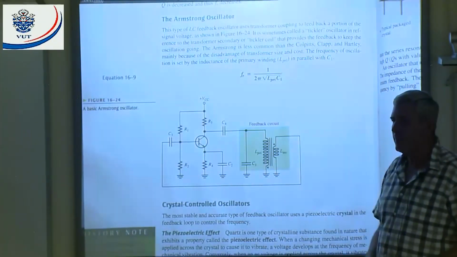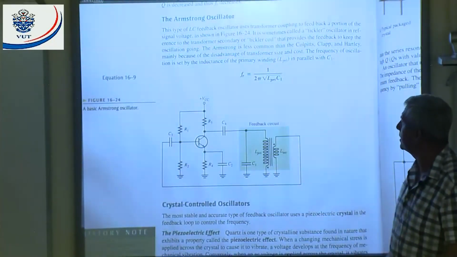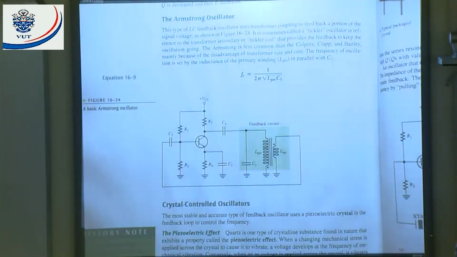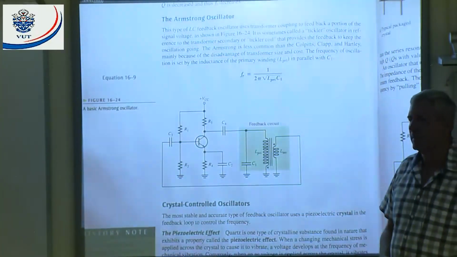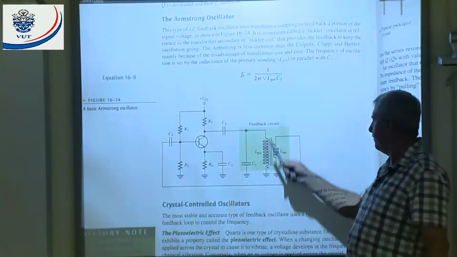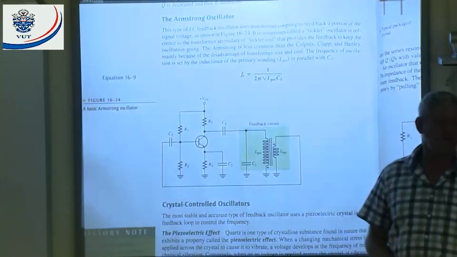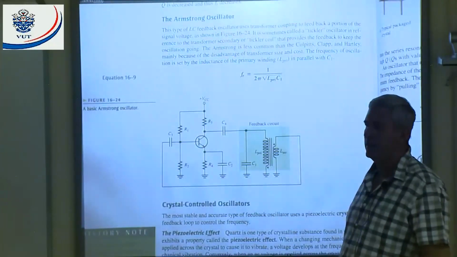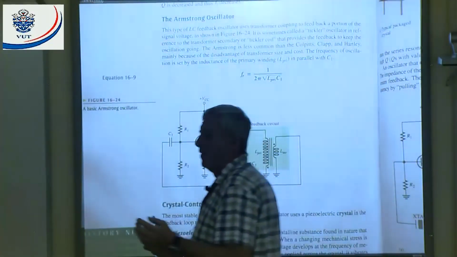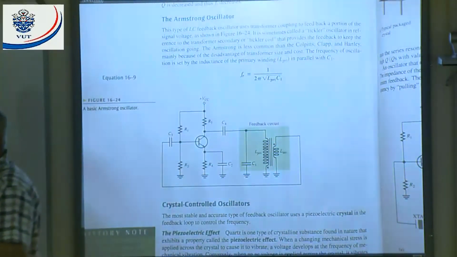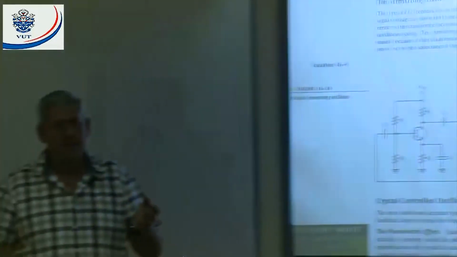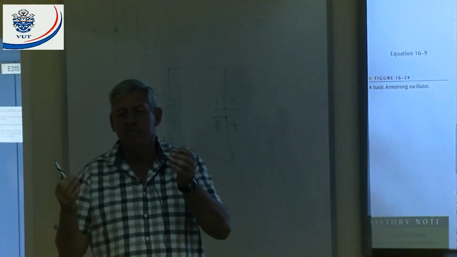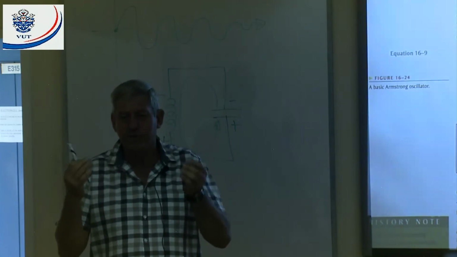That means I get positive feedback, and that is basically my Armstrong oscillator. 180 degrees across the amplifier, and here we also get another 180, which gives positive feedback. In all these circuits we basically have an LC circuit that will oscillate. There are losses, so you must make the gain large enough to overcome the losses.